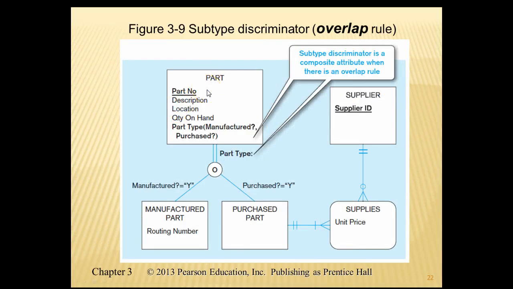However, the composite attribute contains Boolean values for the subtypes beneath it, and this will have manufactured and purchased, and if that equals a Y in either case, then those are also included in that subtype instance. And again, since it has to be one or the other or both.